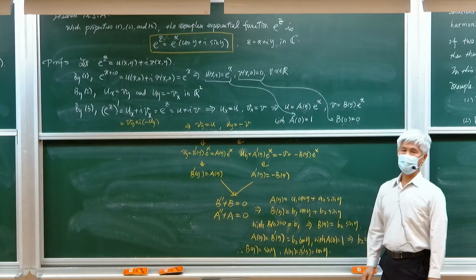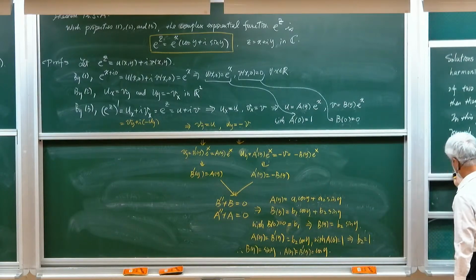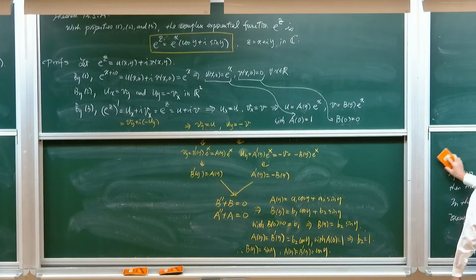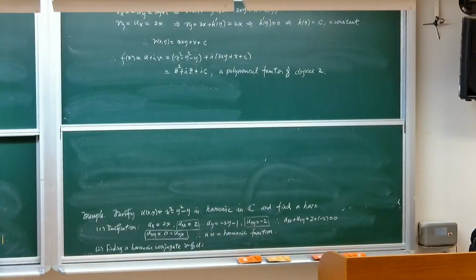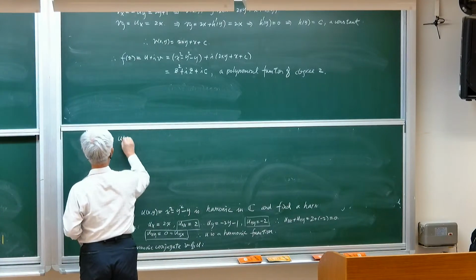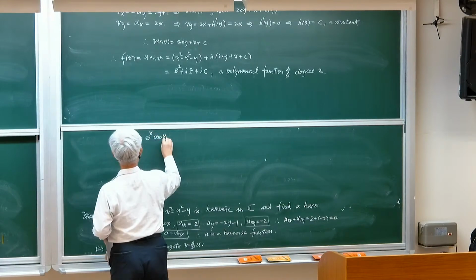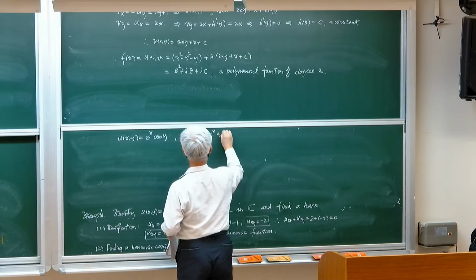Once we determine A and B, the final result is that u(x,y) becomes e^x cosine y, and v(x,y) becomes e^x sine y.